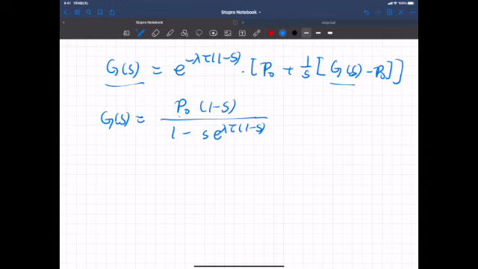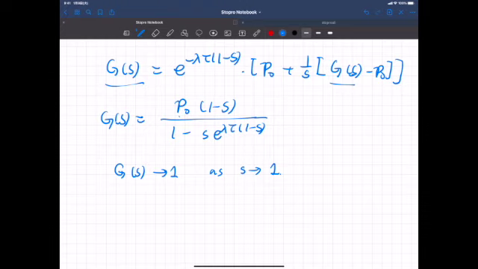Okay, and in general, we should have this limit: g of s should approach 1 as s approaches 1.